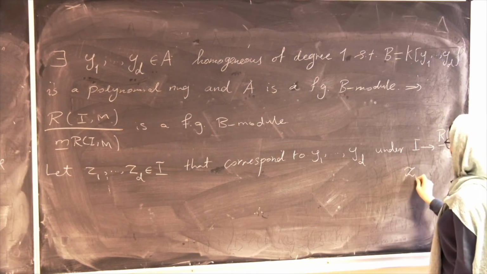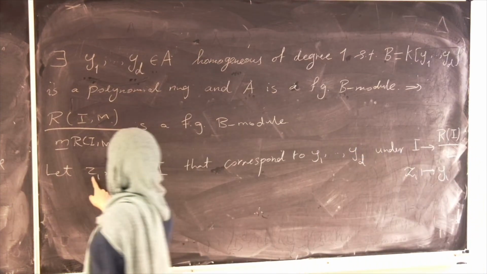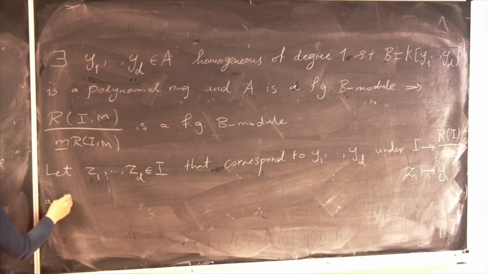So each zi goes to yi. And I consider J to be the ideal generated by these elements.